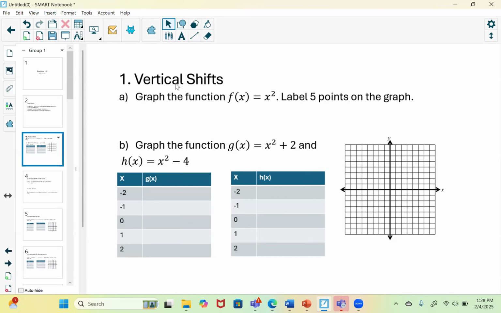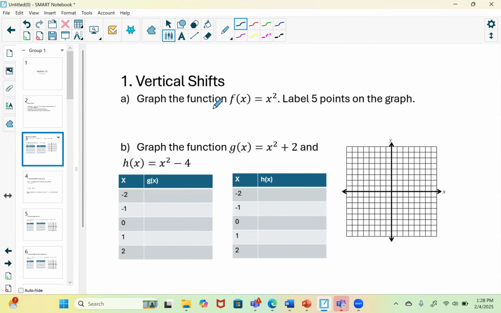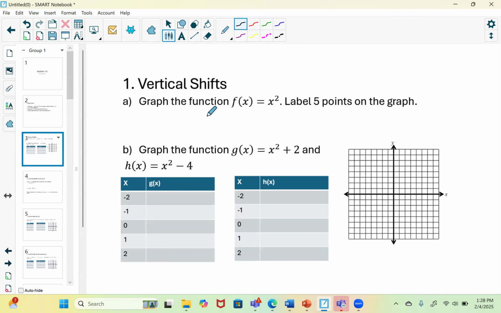Okay, so the first thing we're going to do is graph the function f of x equals x squared. And at this point, I'm hoping you mostly know what x squared looks like, but if you don't, you can always make your x-y table. But this is one I highly recommend that you make sure you know what it looks like.